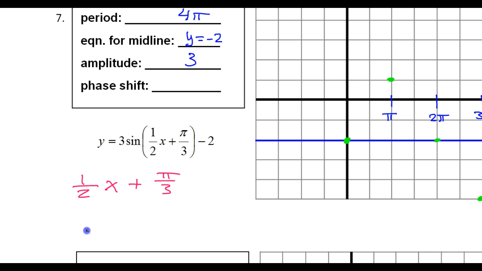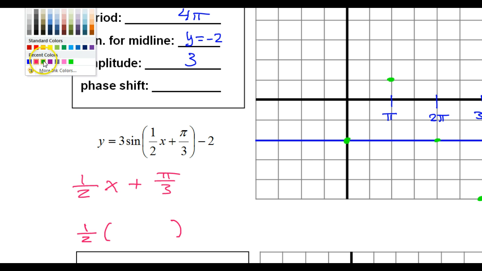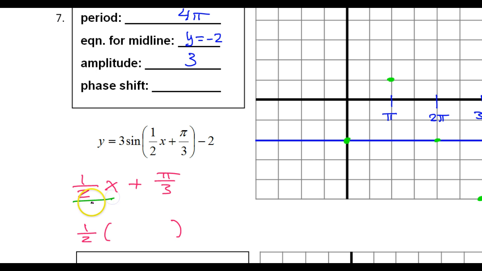So I need to bring this 1/2 outside of parentheses to see what the phase shift truly is. To know what goes inside, you divide. So I am dividing by 1/2 here and here. Of course these will cancel out. That tells me I'm just going to have x right here.